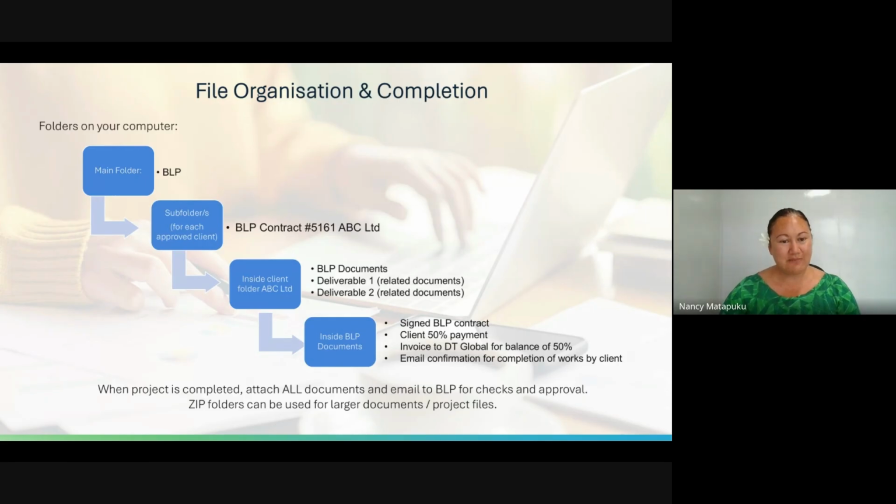So it may be something you may want to share with your client at the start and just say, as part of the contract, we will be sending confirmation of your filings and perhaps a copy of the financial work that you've done as part of the whole contract to BLP, just for disclosure and to be open and transparent with your customer at the start. I hope that answered your questions.